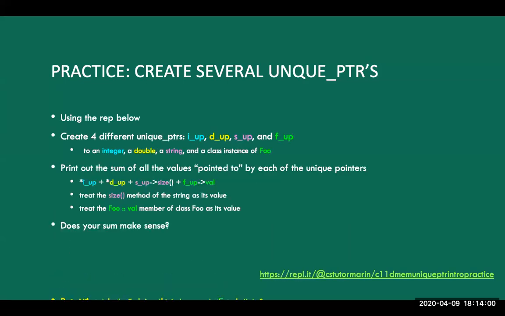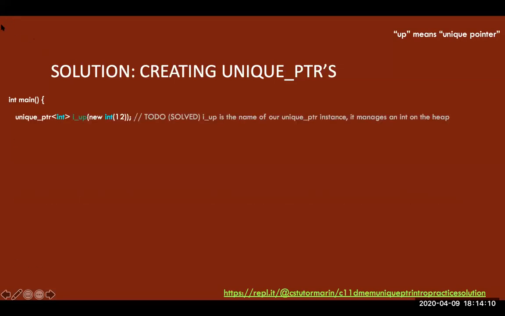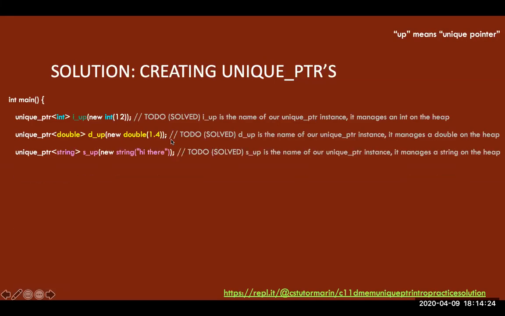Okay, so let's take a look at the solution there on that one. So we're going to just get my windows organized here. There's our unique integer pointer pointing to 12. I picked 12. You could pick anything. There's our double pointer, shared or unique pointer, pointing to a double value of 1.4. And then here's our string.